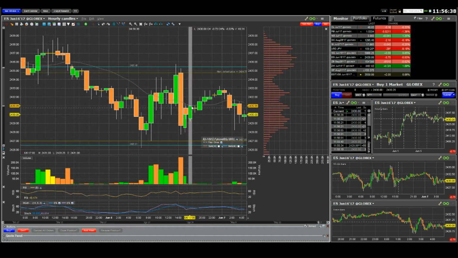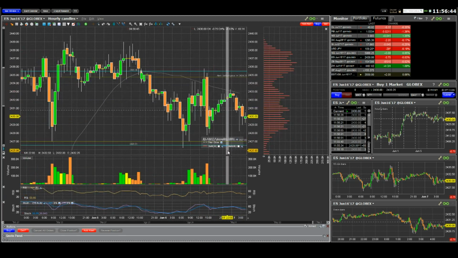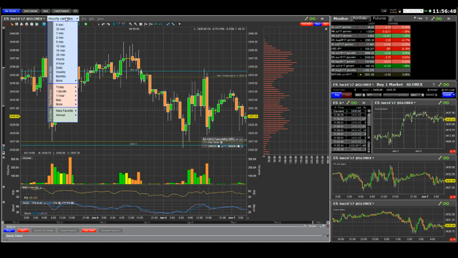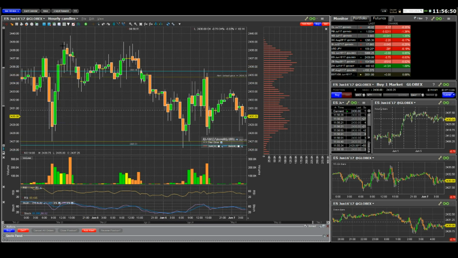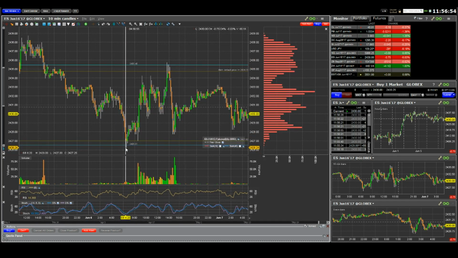On the other hand, I also put it in this trough here, and as you can see, we basically came down, bounced off that level, went all the way up to the next level and came down again.